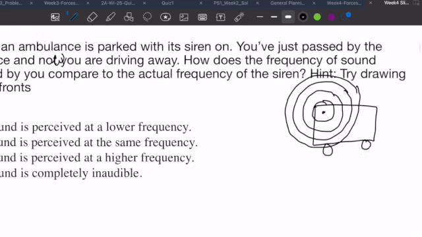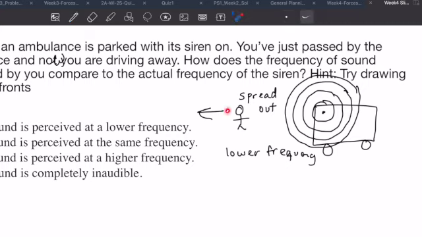But the fact that you are going away from the source, basically the perceived wave fronts that you receive become spread out. And if they become spread out, then you basically hear a lower frequency sound.